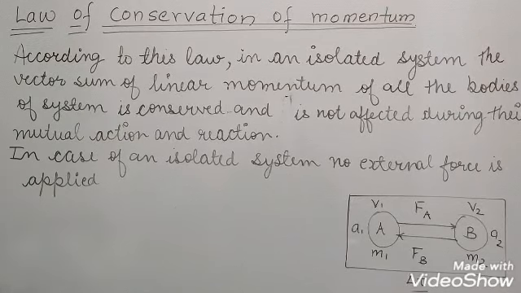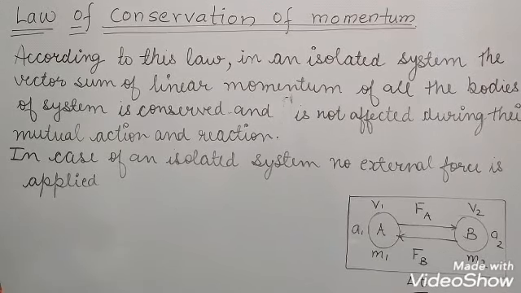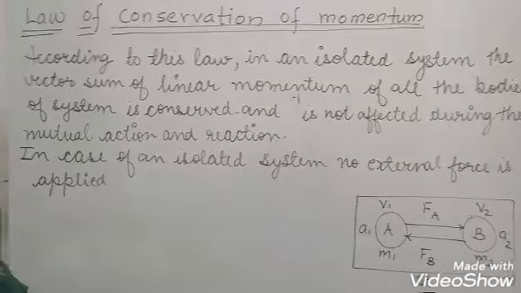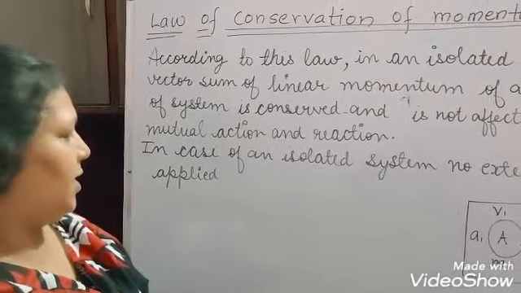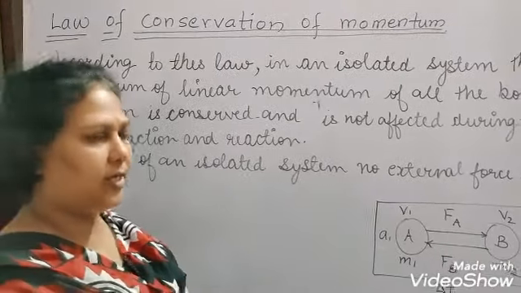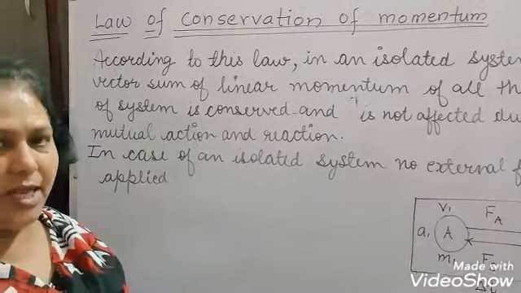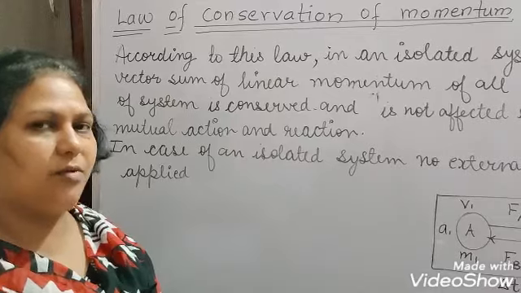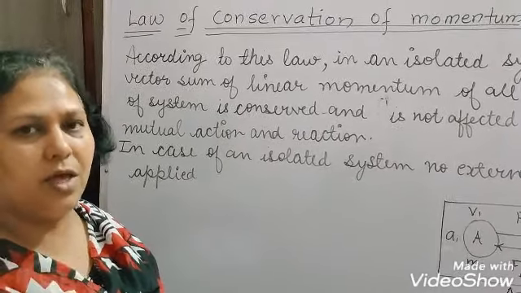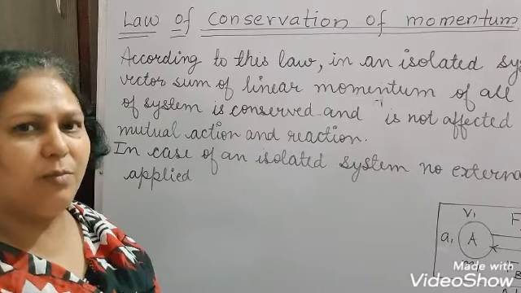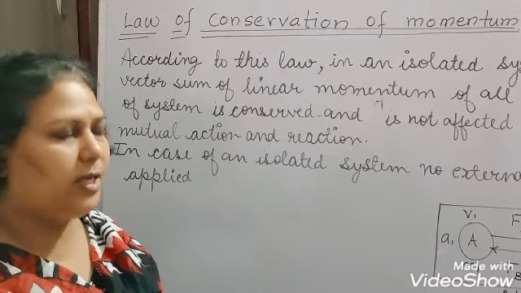That means in case of an isolated system, no external force is working on it. For an isolated system, whatever change there is in the momentum will be conserved. That means the change in momentum will be zero and momentum will be conserved.